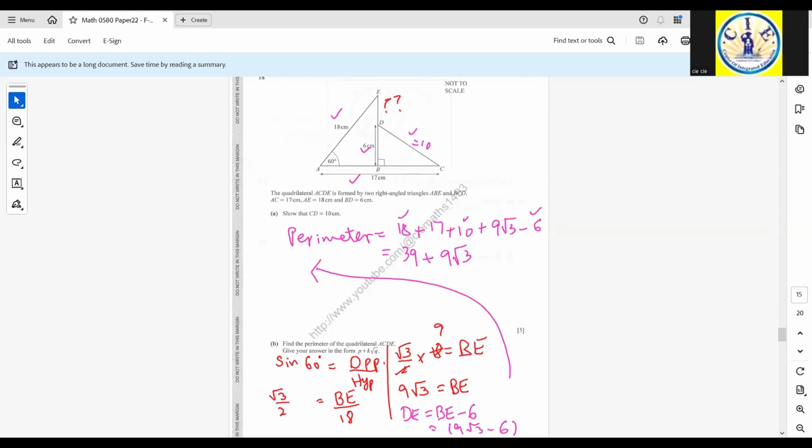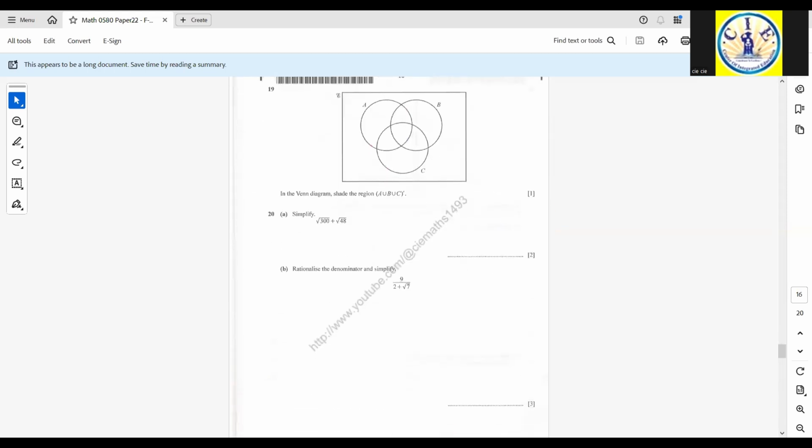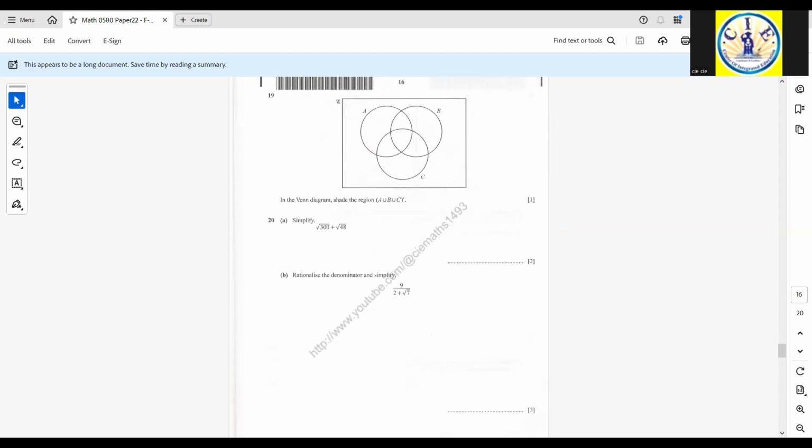So now I proceed to question number 19. In the Venn diagram, shade the region A union B union C whole complement. Okay, A union B union C is this complete portion. And then when I need to have its complement, that means I need to exclude this portion and I need to shade the remaining portion.